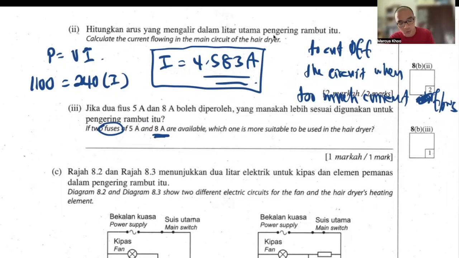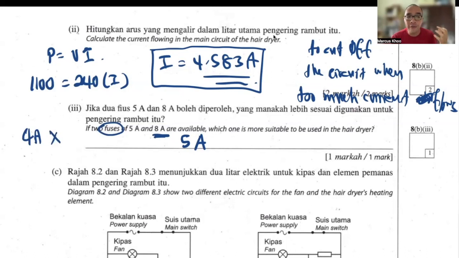So of course we want 5 ampere, which is the nearest to 4.5. We don't want 4 ampere. 4 ampere definitely cannot, because we need a minimum of 4.583 amps for the hair dryer to work correctly.